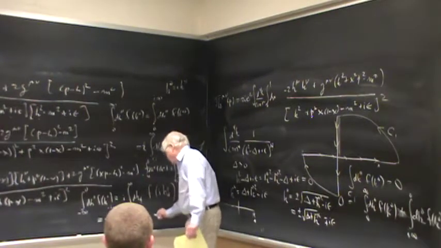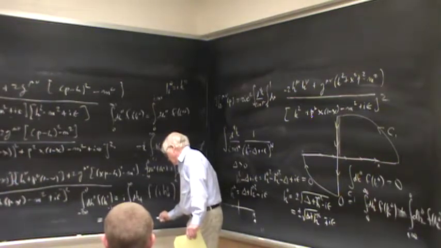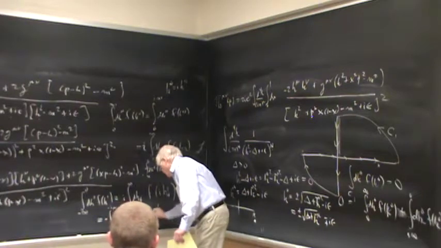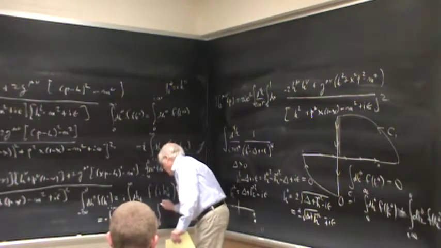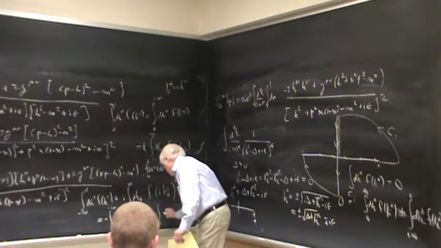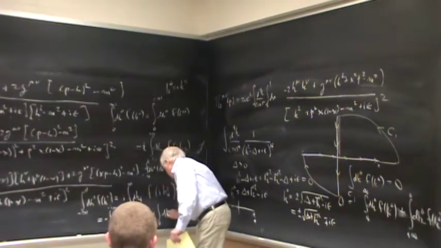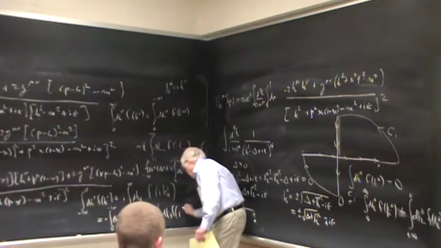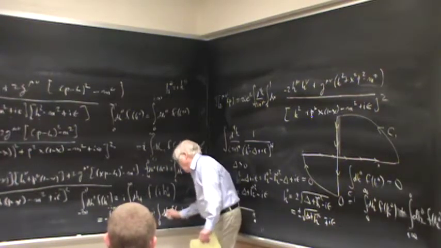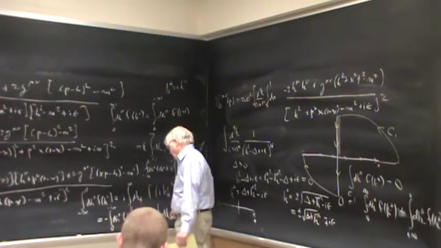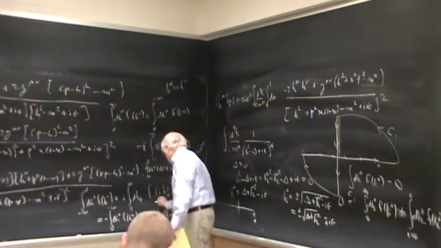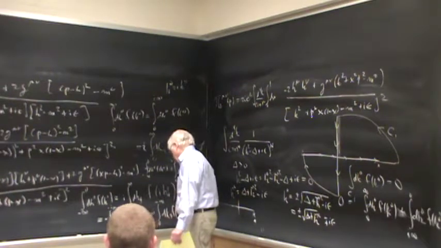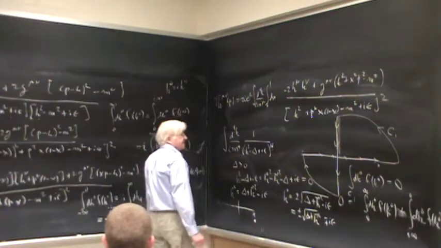And so that is the same thing as the integral, minus i, dk4, f of i k4, and now k4 is going from 0 to minus infinity. Right, okay. So that's the way it looks.